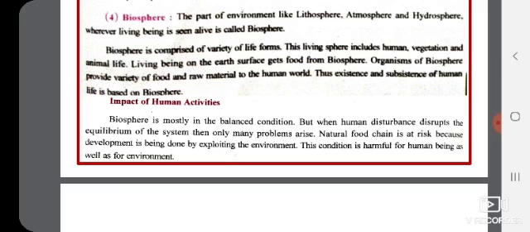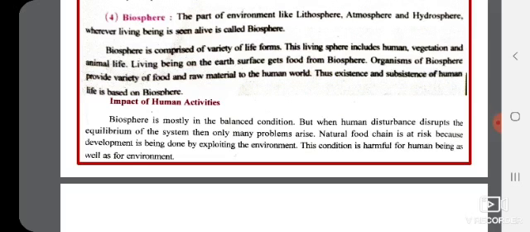If lithosphere were not there, then farming would not be possible, and if hydrosphere were not there, water supply would not be given to whatever things we grow. And if atmosphere were not there, we would not get the necessary gases that are necessary for all types of living beings.